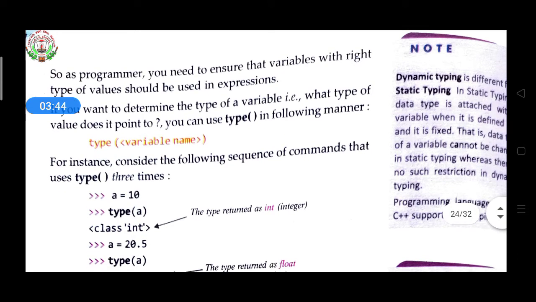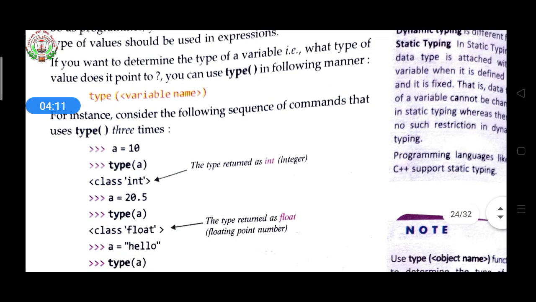Type means if you want to know about that particular variable's value, suppose the variable x is given there, and you don't know which type of value is stored in that x variable, then to check, you have to call the type function. Under that type function you have to call a variable that you have declared.